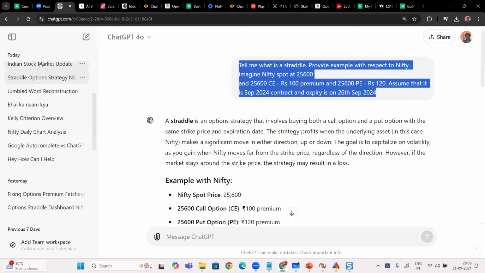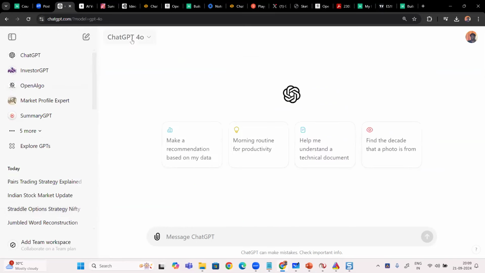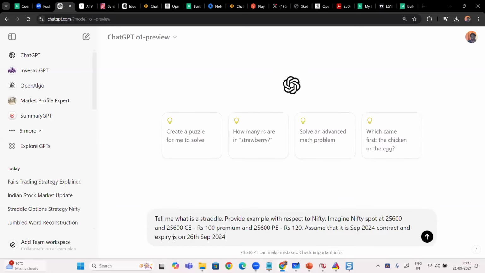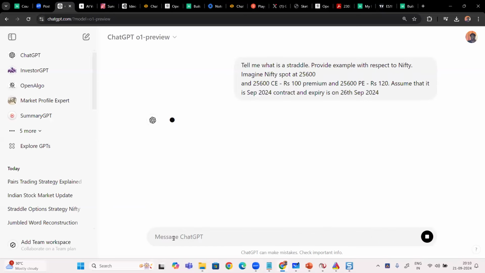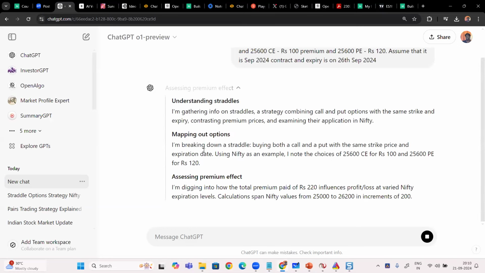But if I paste the same prompt into the O1 preview model, you can see that first it says thinking. It is trying to understand straddles, it tells what I need to speak, it's running its thinking process.